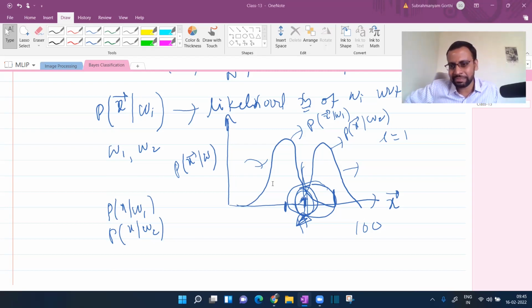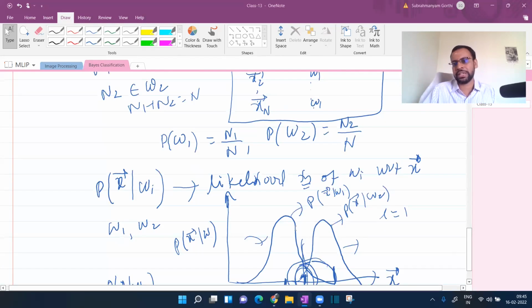Yes, right. Then this doesn't work. Right now, we are not doing a fuzzy classification. They call it fuzzy classification, where you don't take a call and it can belong to both classes. That is not the case that we are considering here.